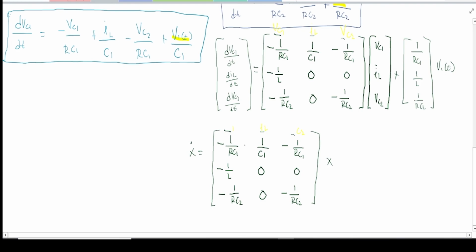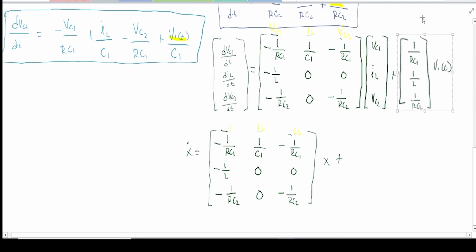See? So the variable X would be this one. Imagine that they will have just dt. Okay. And then X would be again this one. So as you can see, it's just easy.